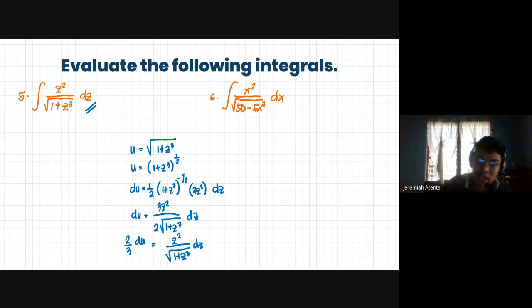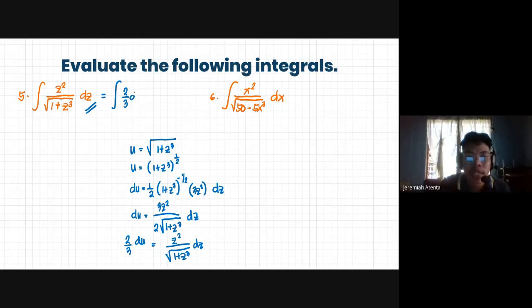Using if we let u be equal to the square root of 1 plus z cubed, this one here is now all equal to the 2/3 du. Okay? So therefore, from that, we can have this as the integral of 2/3 du.